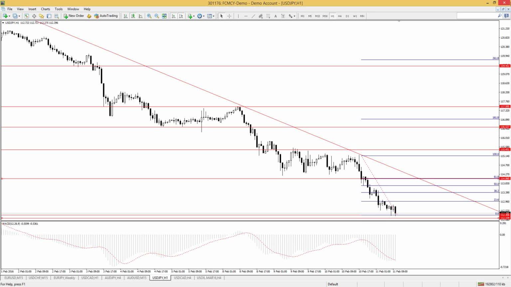Okay, so yeah, and actually the next thing that I was thinking is that we saw yesterday Janet Yellen increasing the risk aversion of the markets. So we saw safer currencies like the yen strengthening, and I said previously that I expect euro dollar to be bearish today, and at the same time I expect USD yen to be bearish as well.